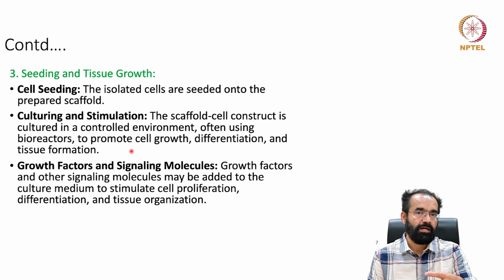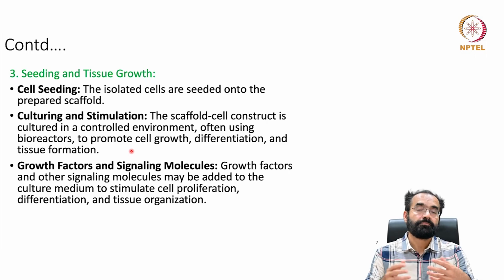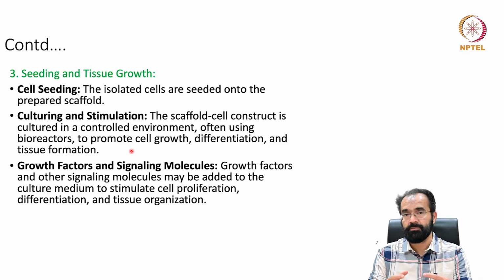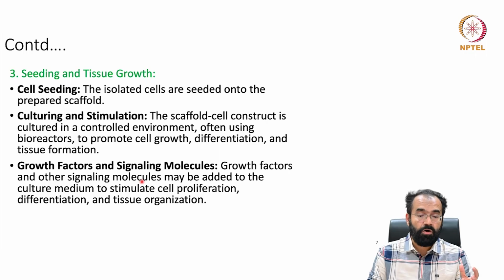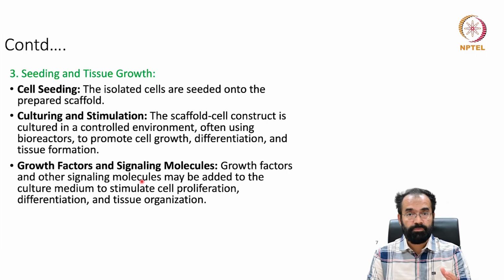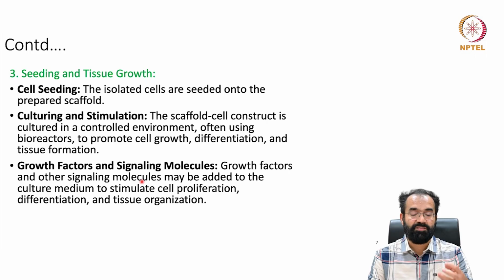If you put say 2% horse serum, they can become more differentiated, and they can even start twitching in a petri dish. They can become contractile muscles. So growth factors and signaling molecules. The growth factors always contribute to their maintenance, survival, and progression.